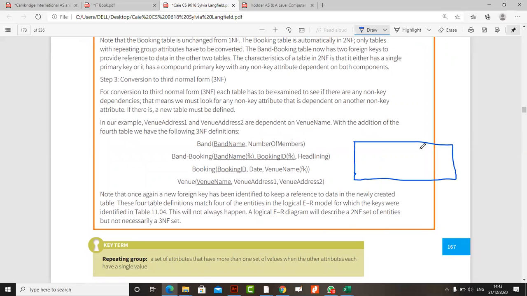Functional dependency. What does functional dependency mean? Let me tell you. Functional dependency means that if I have a table, and in the table I have the information of the customer ID, customer name, customer address, and then I have the information of supplier ID, supplier name.